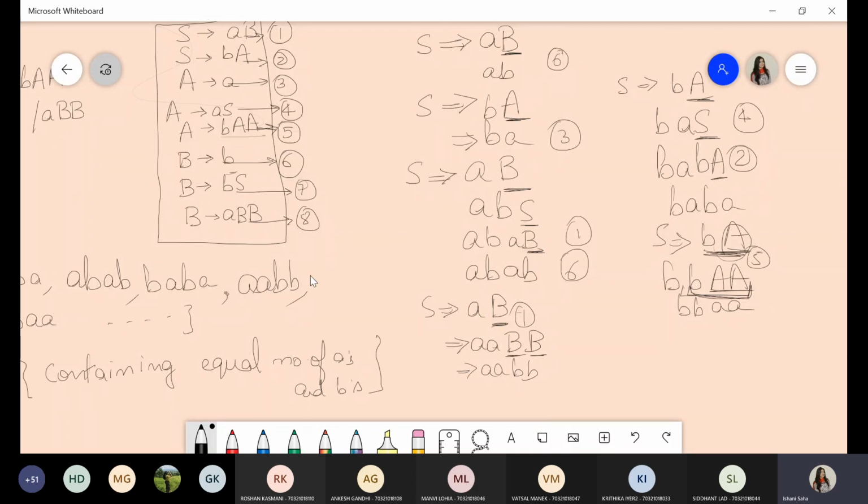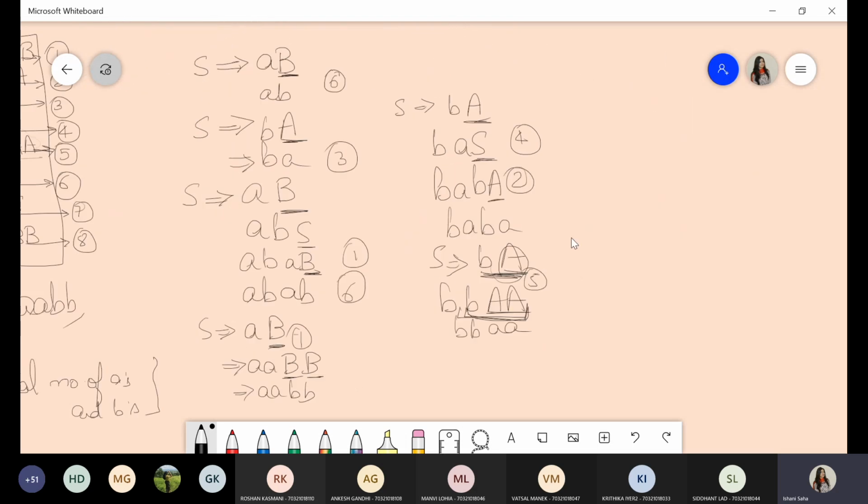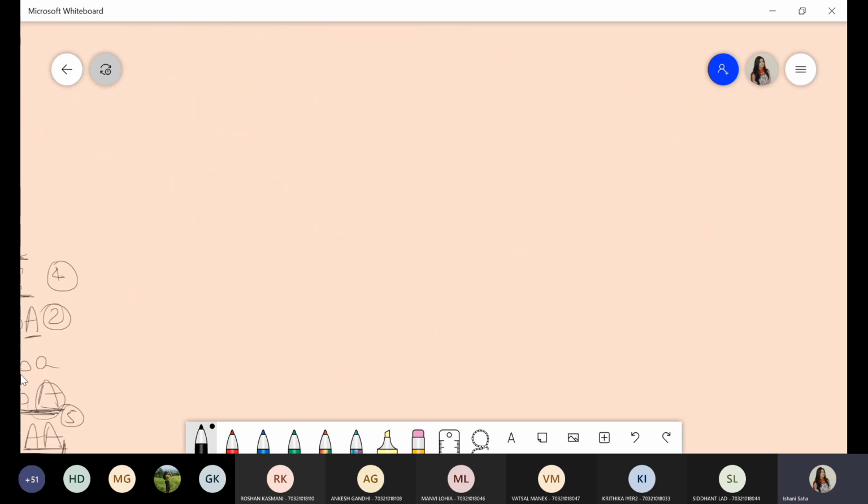Okay, now we'll take the second part of our topic, which is generation of a grammar. Now, this is a bit tricky. So I'll start with the very basic. Let's form the foundation first, and then we can take a bit more complex questions. So I'll write the first, very simplest one.